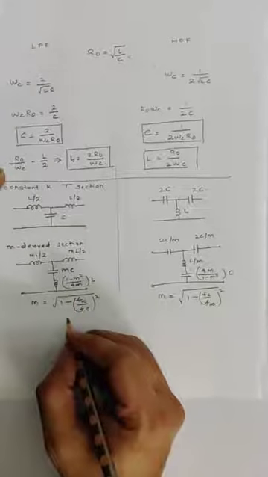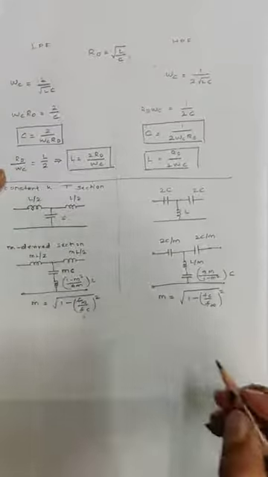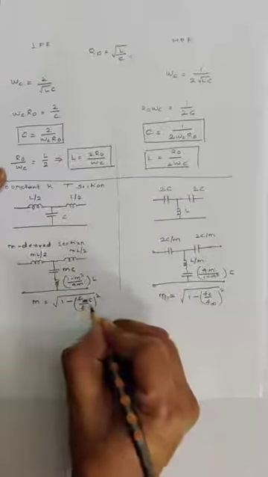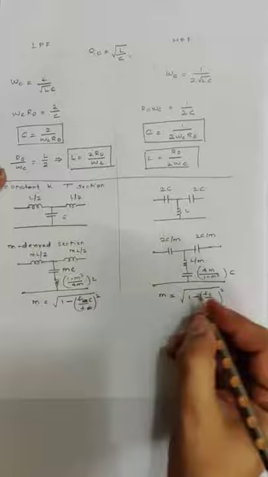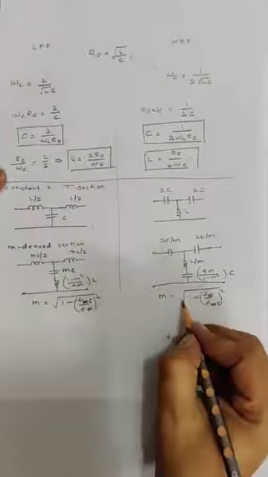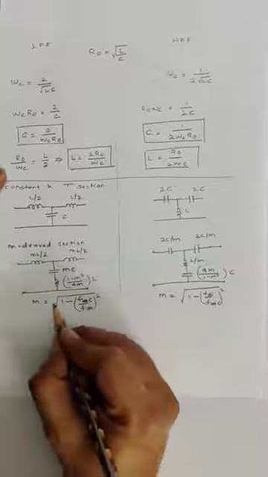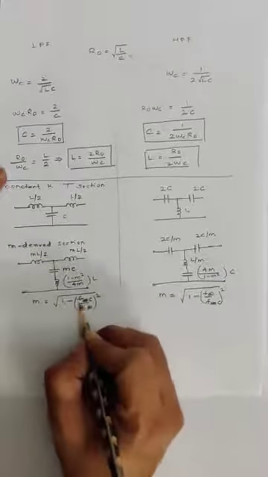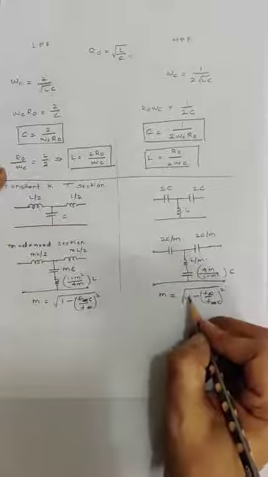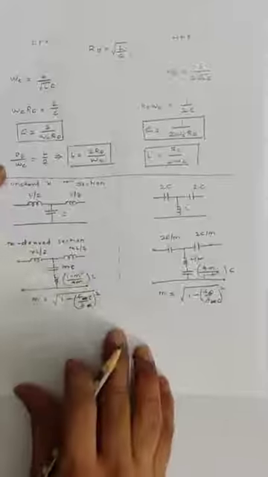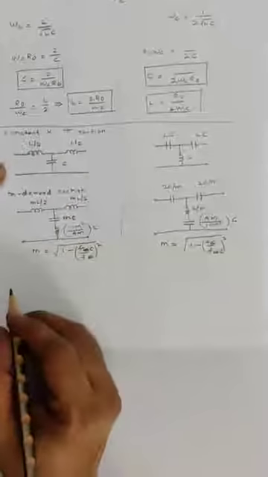So the formula for M is Fc by F infinity here, and F infinity by Fc there. Then only it will result in a value lesser than 1, and one can have a positive value of M. So remember this, I am repeating: 1 minus (Fc by F infinity) square, and here it is 1 minus (F infinity by Fc) square. So that is about M.